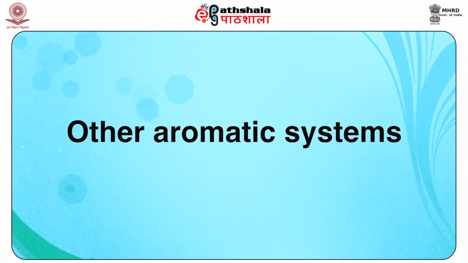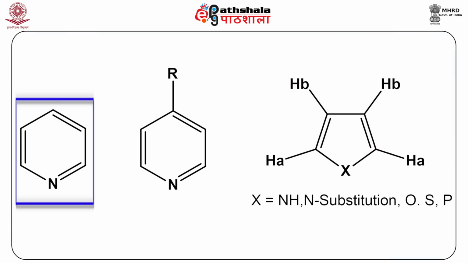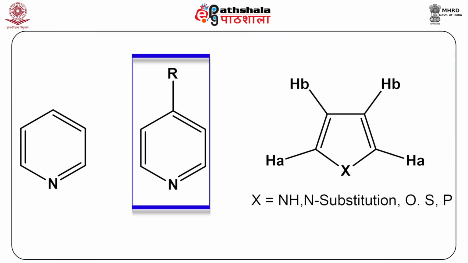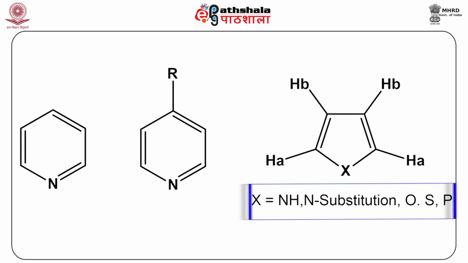Now, let us consider other aromatic systems: pyridine, 4-substituted pyridines, N-substituted or unsubstituted pyrrole, and other aromatic heterocycles such as phosphole, furan, thiophene, etc. All have the same symmetry framework as para-disubstituted or ortho-homo disubstituted benzenes and will present as chemically equivalent but magnetically inequivalent pairs of protons.